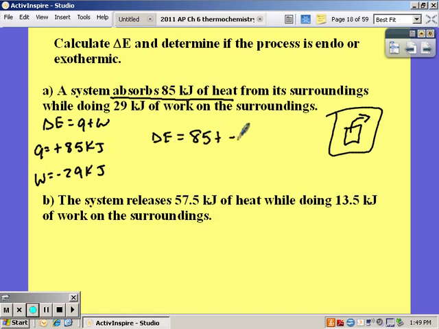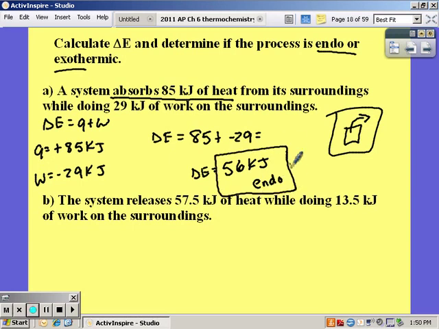Adding those up, you get 56 kilojoules. It also says to determine if it's endo or exothermic. Because my delta E is positive, it's overall endothermic.